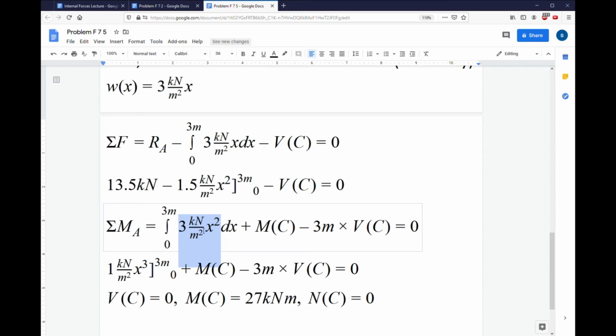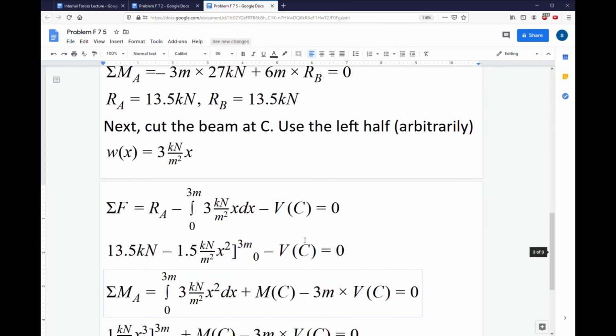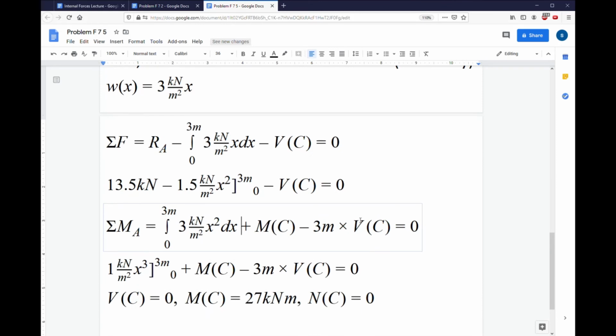And integrating that with respect to x from 0 to 3 meters. Plus the moment at C, again, on the right-hand side, internal moment is positive. And again, minus the moment resulting from the shear at C. But since the shear at C is 0, this will go away.